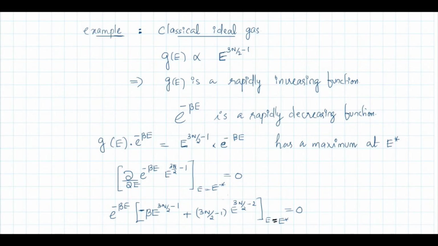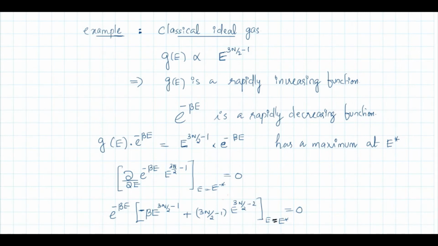Take the derivative. For e raised to minus beta E, the derivative is e raised to minus beta E into minus beta, into the second function E raised to 3n by 2 minus 1, plus e raised to minus beta E, kept as a constant, times the derivative of E raised to 3n by 2 minus 1, which is 3n by 2 minus 1 into E raised to 3n by 2 minus 2, because the derivative of x raised to n is n x raised to n minus 1.